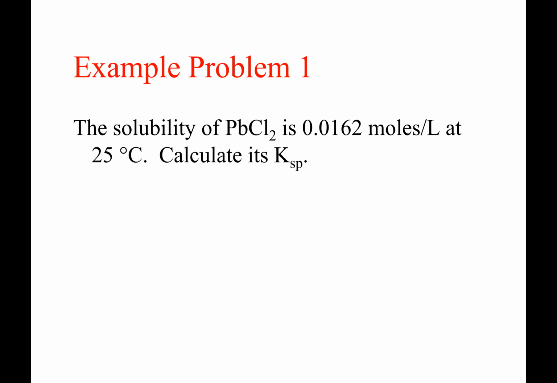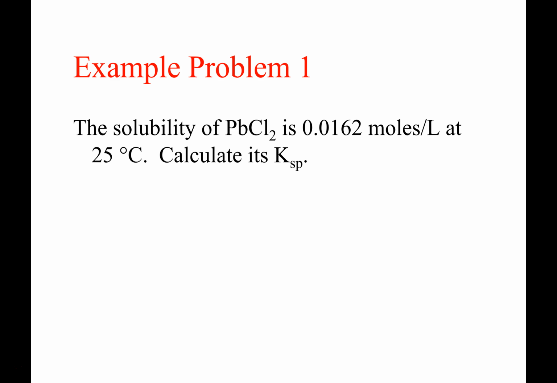This is the sort of problem you might run into. In this case, we're given the solubility. Actually, this is what we call the molar solubility because it's moles per liter. The molar solubility of lead 2 chloride, and we're supposed to come up with the KSP. If I don't ask you on the test, it doesn't hurt to write the equilibrium of lead 2 chloride.